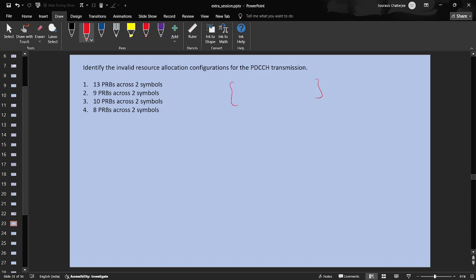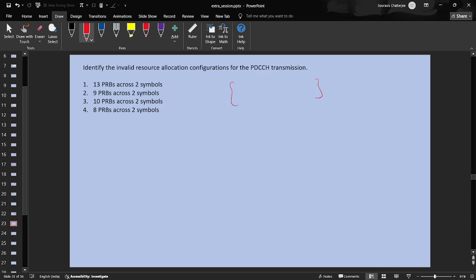108. So we have 1 CCE, it has 6 REGs, and 1 REG means 12 subcarriers, 3 are reserved for DMRS, so 9 are available. 6 such PRBs, REGs mean PRBs. So it's in total 54, and the modulation scheme used is QPSK, so you can transmit 2 bits at a time.